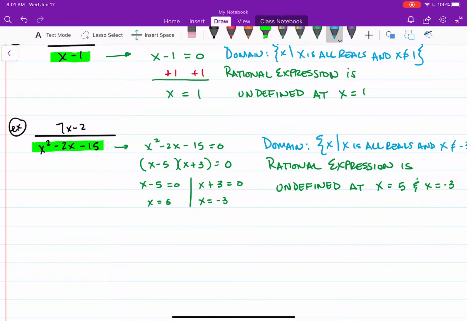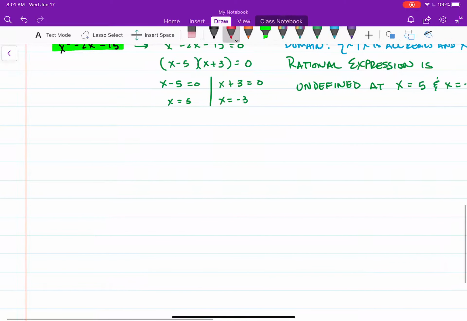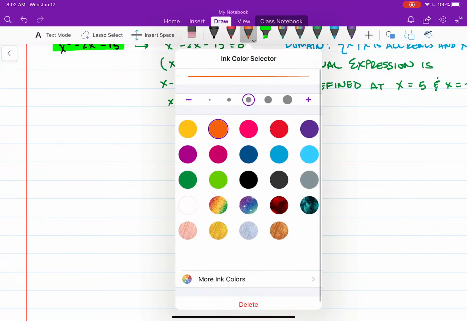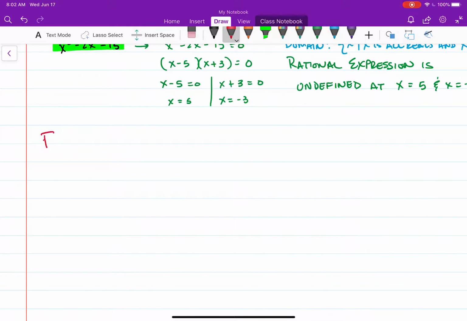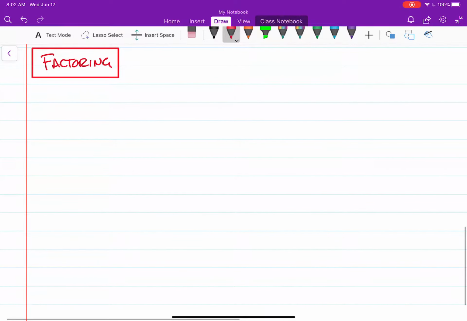So yes, factoring does come back into play. Let's talk about factoring really quick. With factoring, the first step is what? GCF.